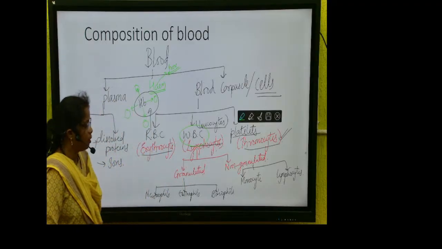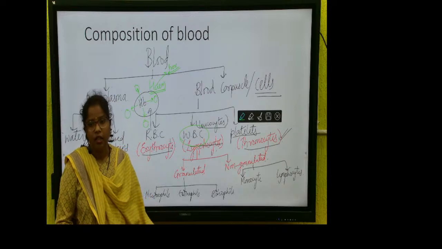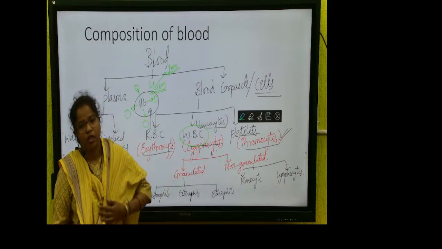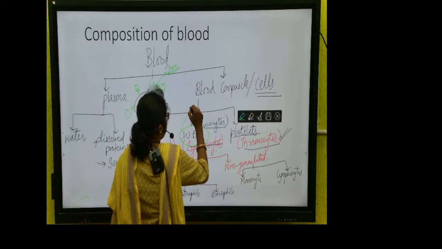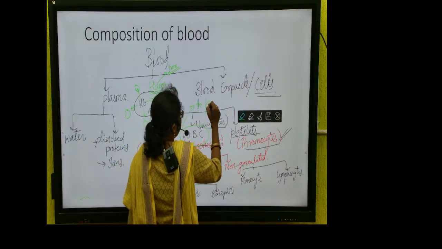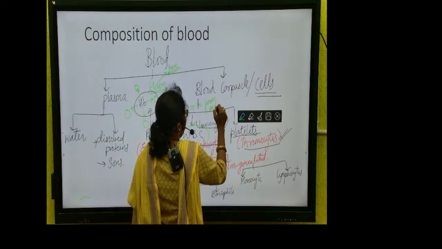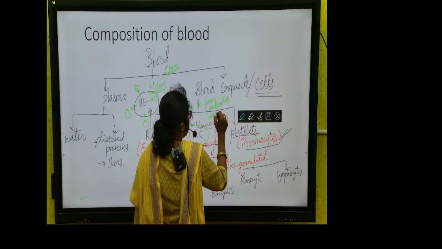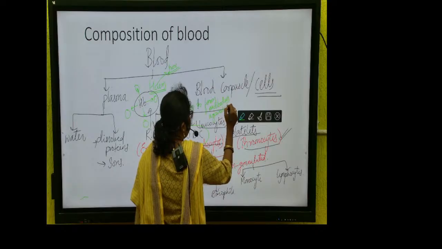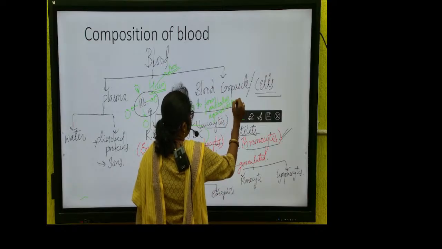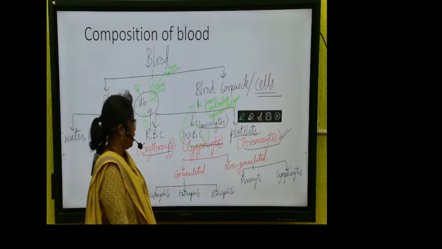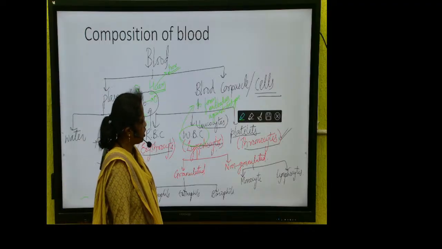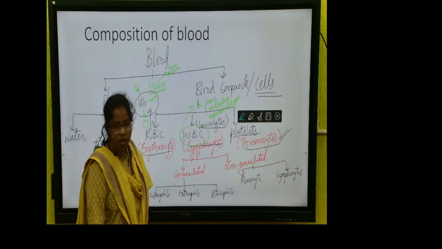The function of WBC is to form antibodies against antigen. Okay, the function of WBC is to form antibodies against antigen.